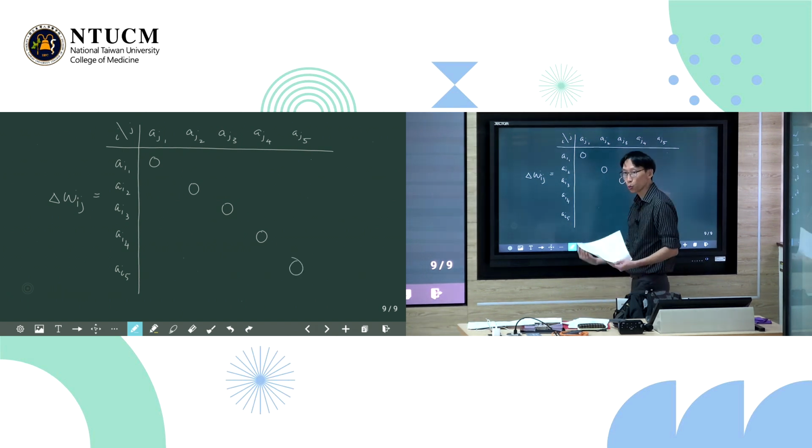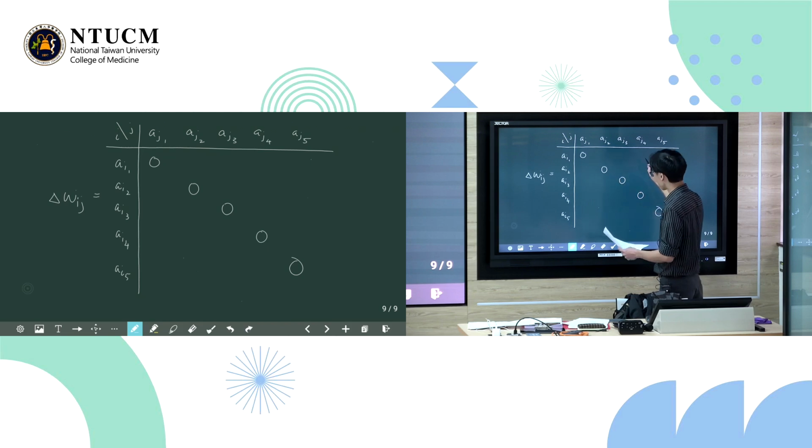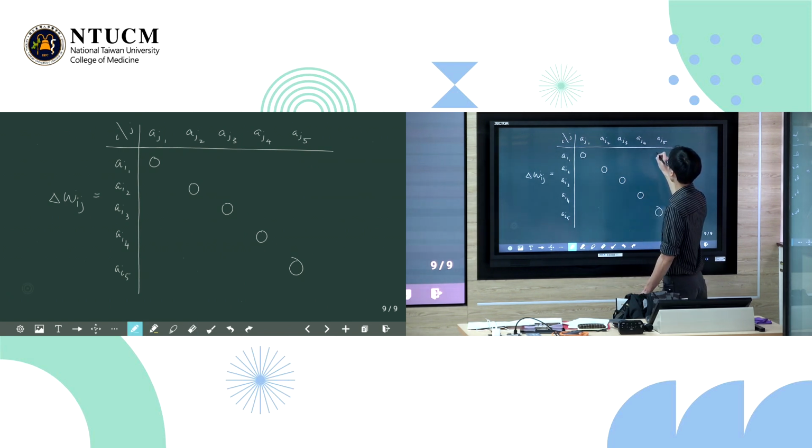Okay. When they are not, then exactly the change in weights is going to be 2AI_k minus 1. Let me do it for, let's say, you can fill up this one, right? 2AI_1 minus 1. Oh, sorry.